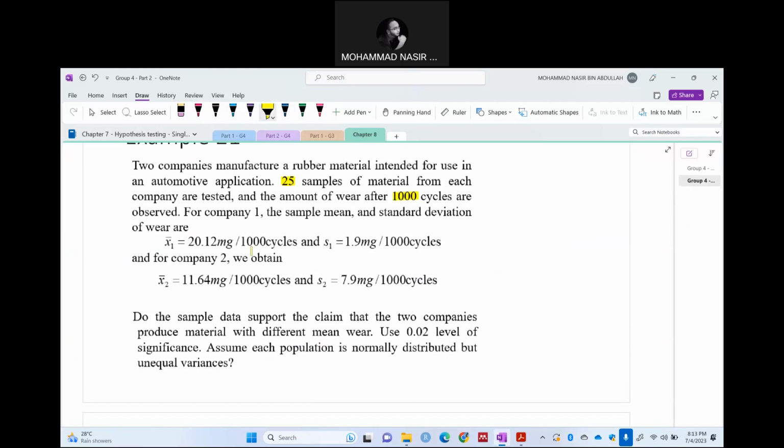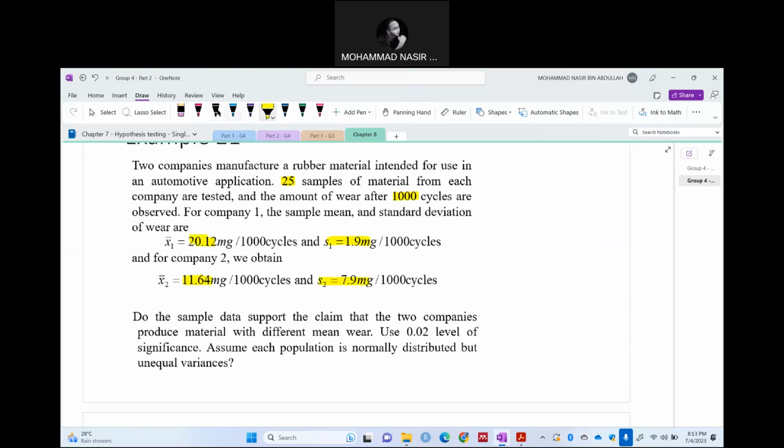So for company one, sample mean and standard deviation is given as this one. So X bar 1 is equal to 20.12. Standard deviation is 1.9, right? For company number 2, X bar is equal to 11.64 and standard deviation equal to 7.9, right?